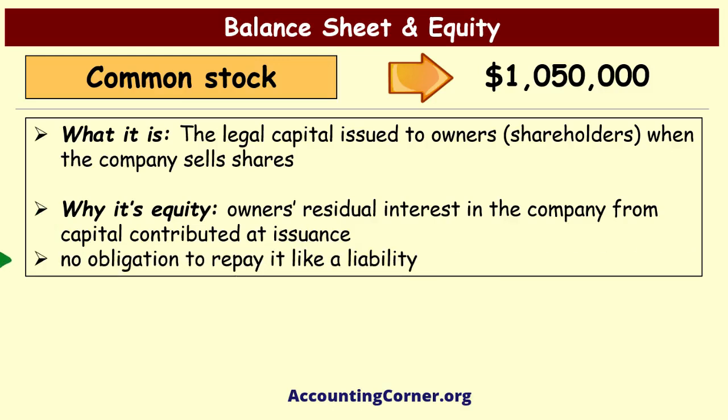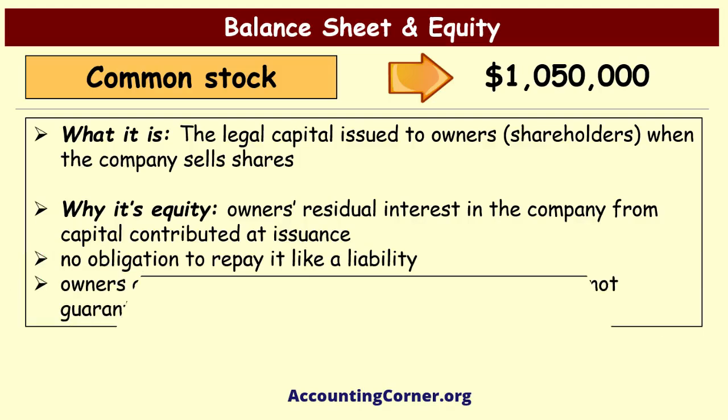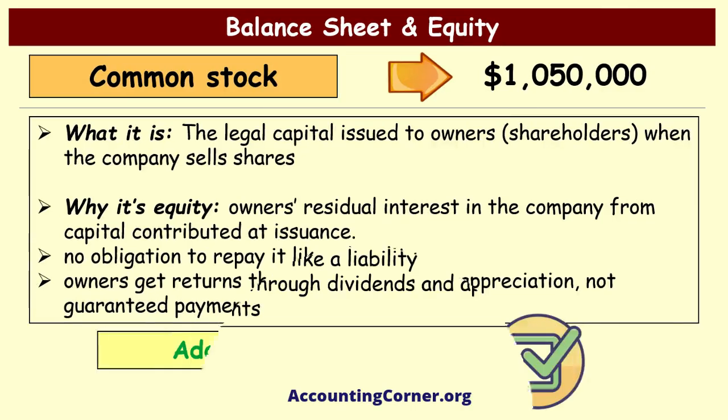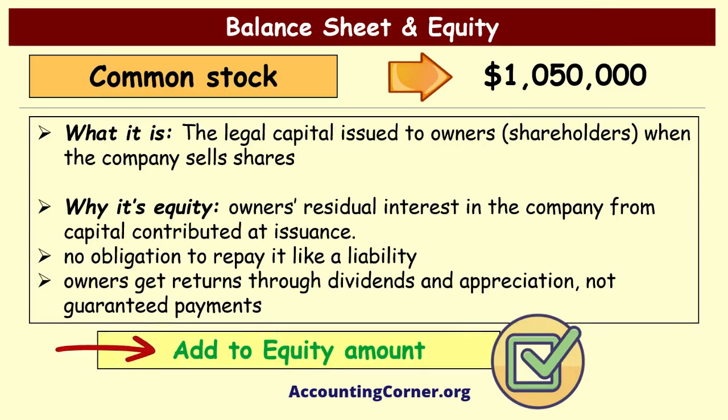Second, there's no obligation to repay it like a liability. Third, owners get returns through dividends and appreciation, not guaranteed payments. Therefore, common stock is added to equity amount.